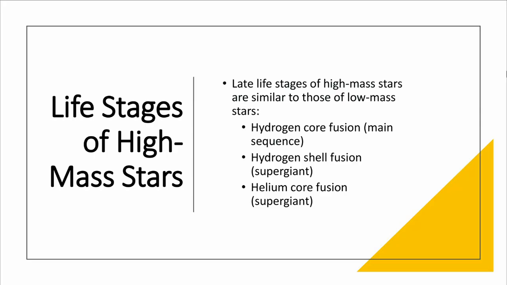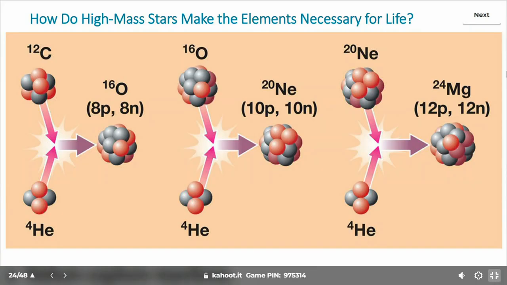helium displaces your hydrogen in the core, and you get a shell of hydrogen burning around that helium core, and then that helium core will eventually heat up enough to do its own helium fusion reactions. So those first stages are similar to what we saw for the low mass stars.